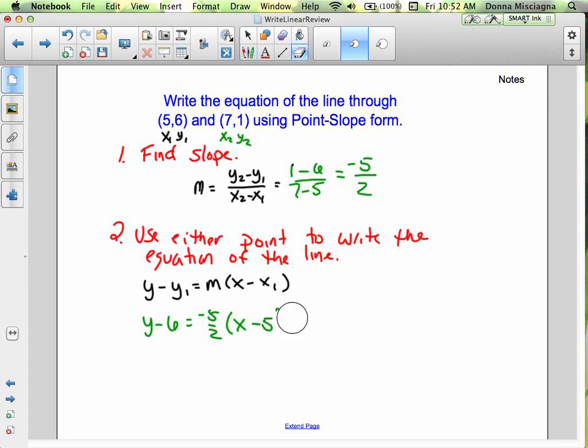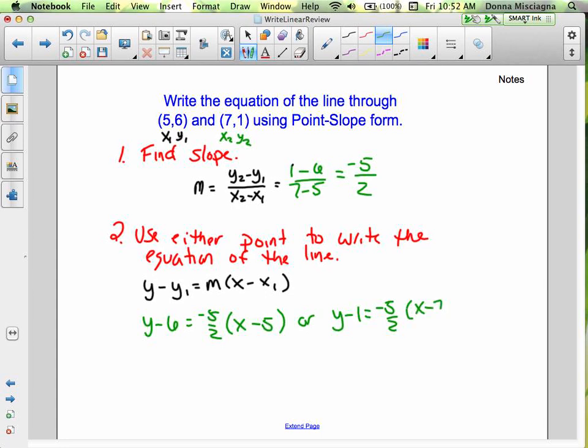That's a funky looking parentheses. Or I could use the other point, and I'd have y minus 1 equals negative 5/2 times (x minus 7). And that's all there is to it. All right, let's look at the next problem.